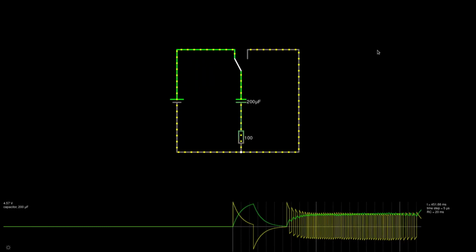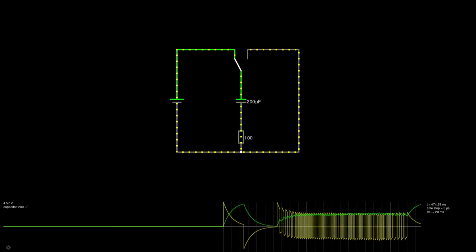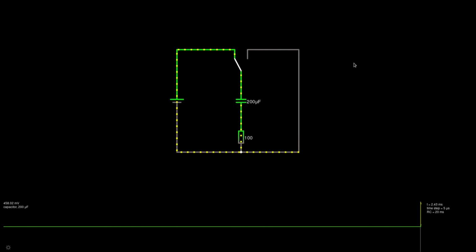I'll slow down the simulation, I'll reset it, and we can see that, let's just reset it like this. In the beginning, here's plus 5 volts, here's 0 volts, here's 0 volts, here's 0, everything else is 0 except for this line over here. If I connect it, the capacitor starts charging up. The positive charge is forming on the upper plate and the negative charge on the lower plate.